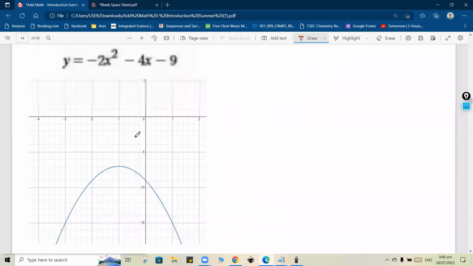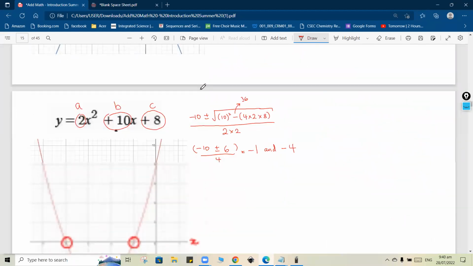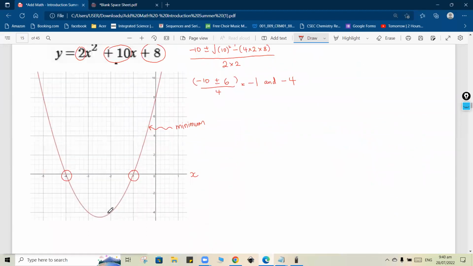Like in this example here, this one was a maximum, so it had a maximum point, and the maximum point is called the turning point. Well, in today's question, you will have a lowest point, better known as a minimum point, but this is still called a turning point. So in other words, a turning point could either be a maximum or a minimum point.